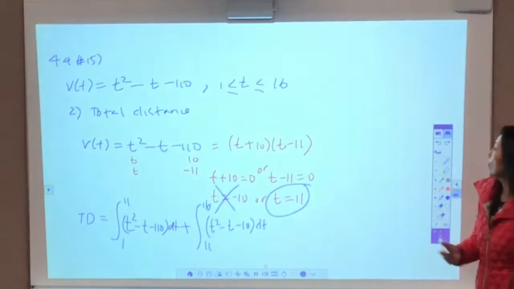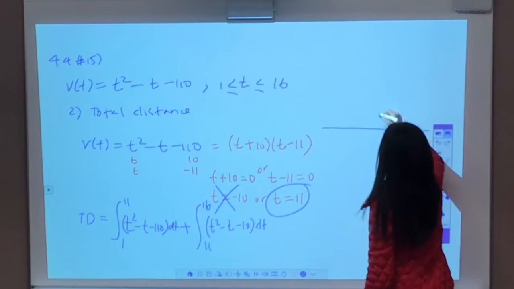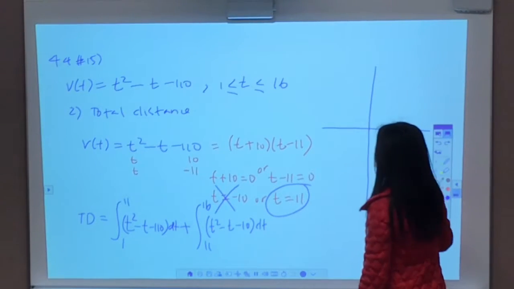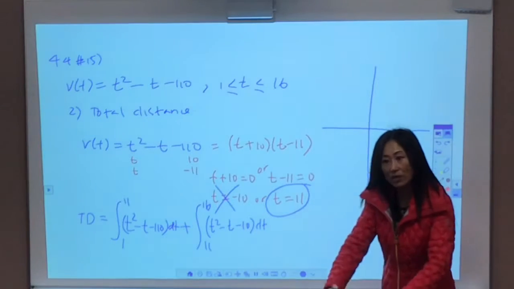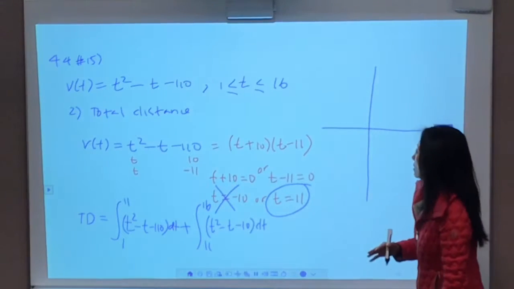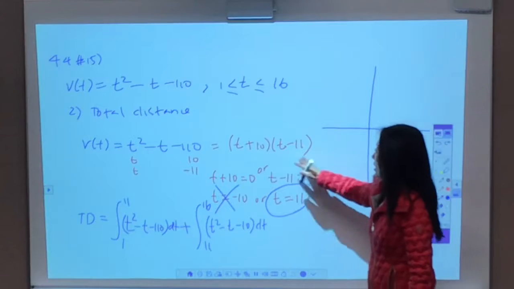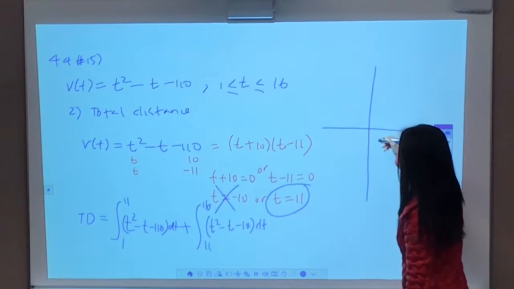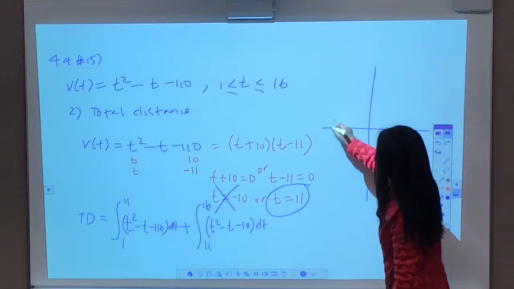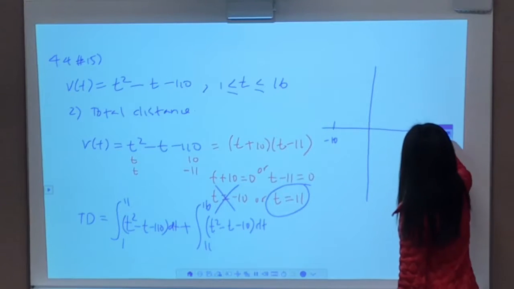If you want to, you can graph this so you know which way it is going down and which way it is going up. So looking at this, negative 10, positive 11.